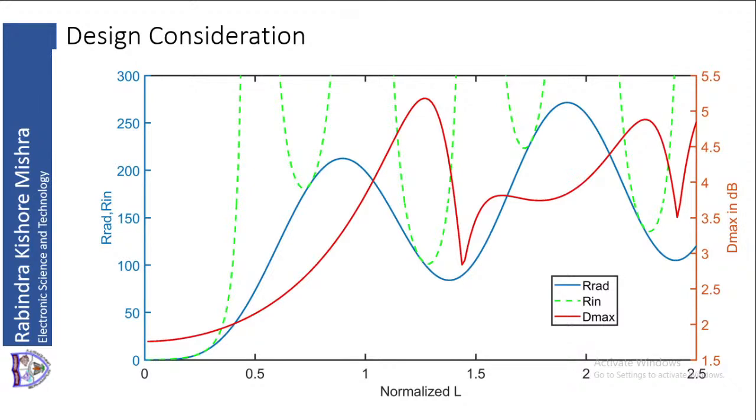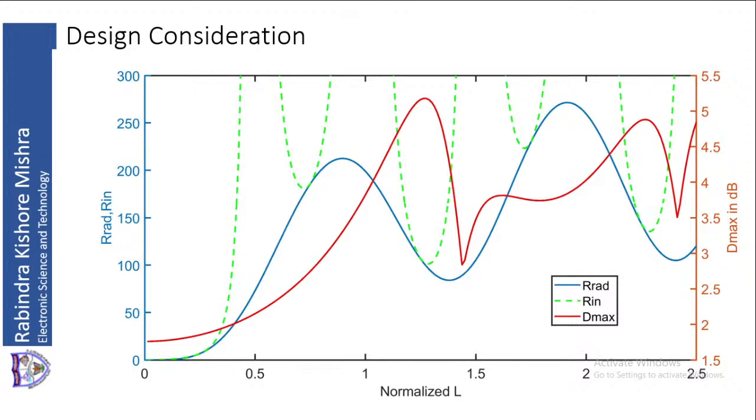Then if you come to the directivity, it is increasing gradually from 0. It goes to a maximum at 1.25, then comes down to a lower value, then increases again.